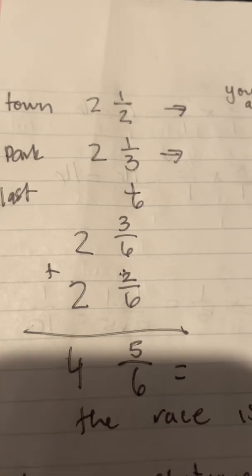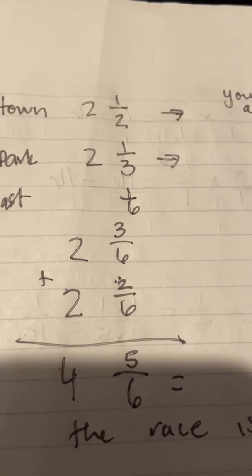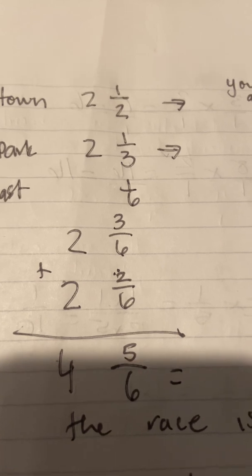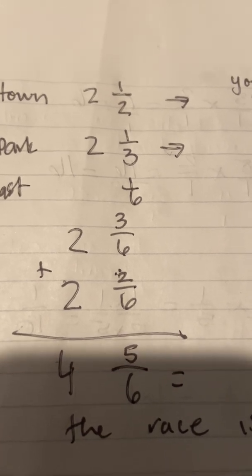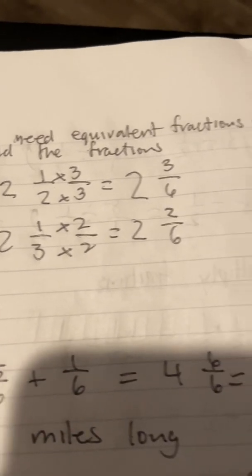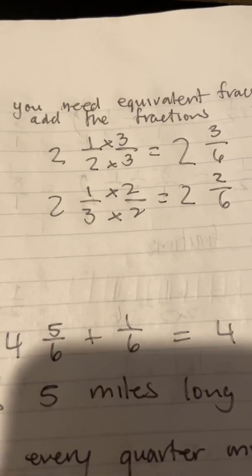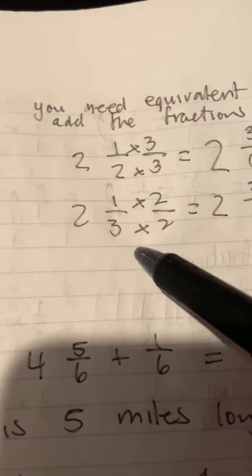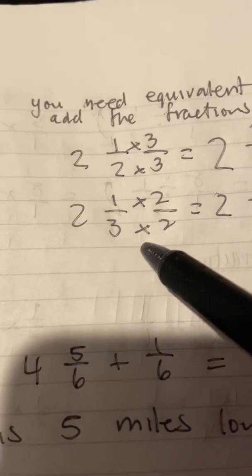Now we have to add those fractions, but if you remember, when we're adding or subtracting fractions, we need a common denominator. In this case, we don't have one, so we have to make equivalent fractions so that we can add them. So for the 2 1/2 and 2 1/3, I'm going to create equivalent fractions.